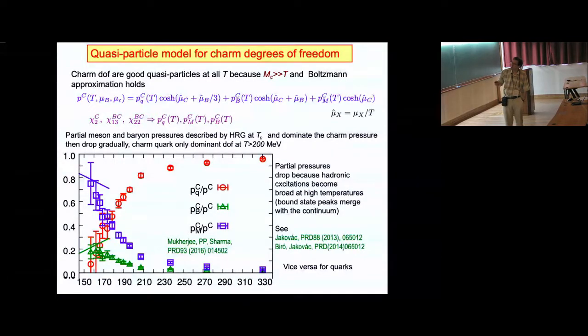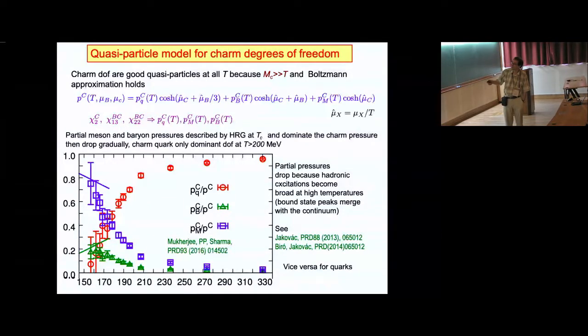So what you see here, in red, is what you would call the partial charm quark pressure. And you see that close to the transition temperature, it has large errors, but it is compatible within errors with zero. And this contribution of charm quarks to the pressure increases as you increase the temperature, as you would expect.